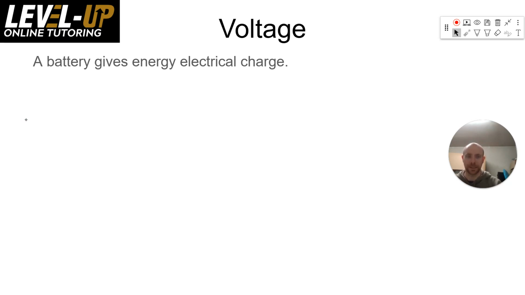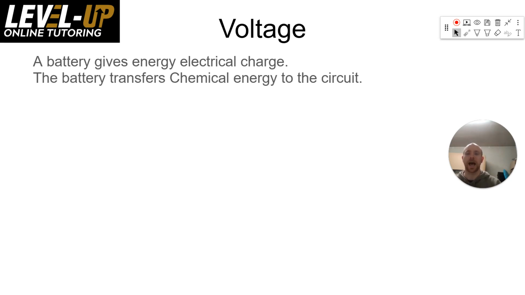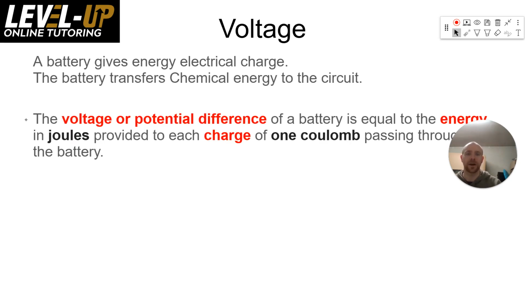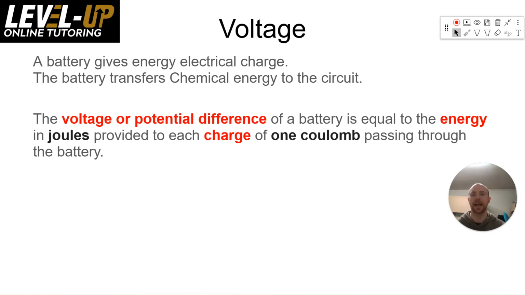But more importantly, and what your GCSE exam boards want to know, is that it is how much energy is transferred to a circuit. So what a battery does, if we think about a battery, is transferring energy. Hopefully you know that a battery contains chemical energy, and it's going to transfer that chemical energy into whatever you're trying to do in your circuit.